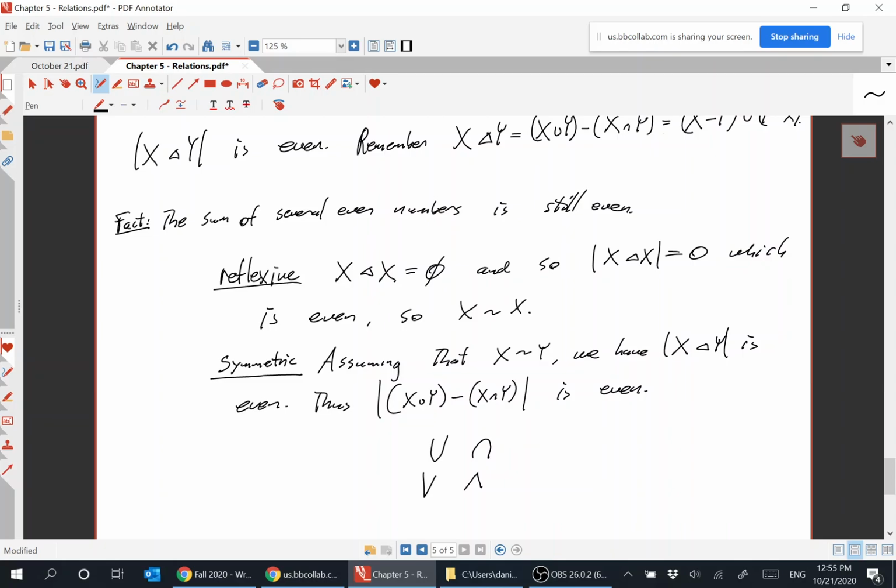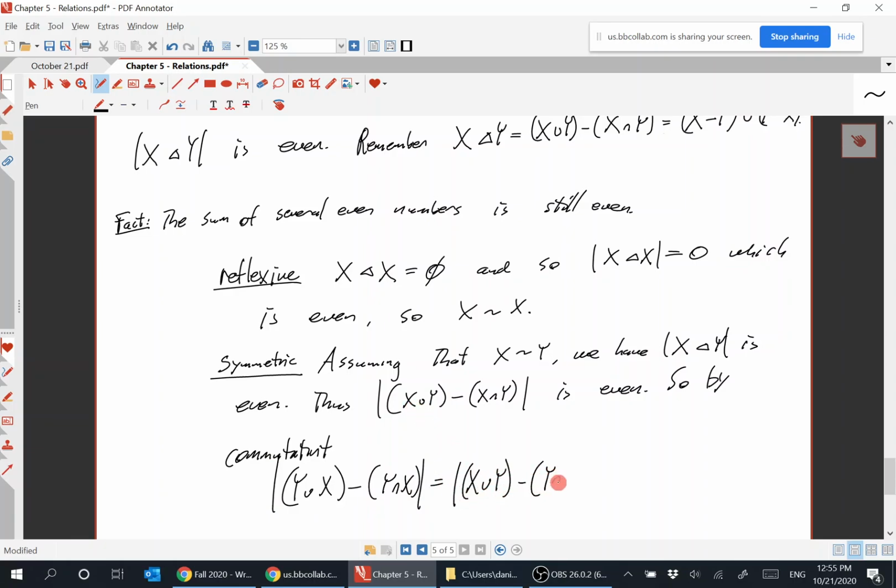Commutativity. They're commutative. So by commutativity, y union x minus y intersection x is equal to x union y minus x intersect y, which is even as well.